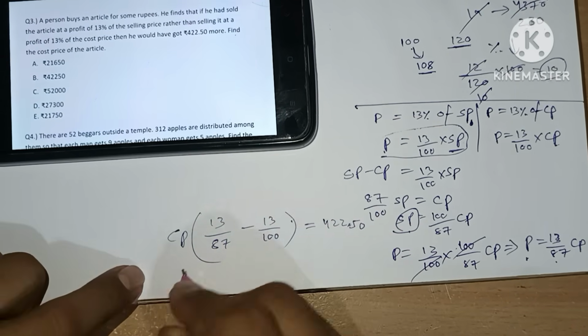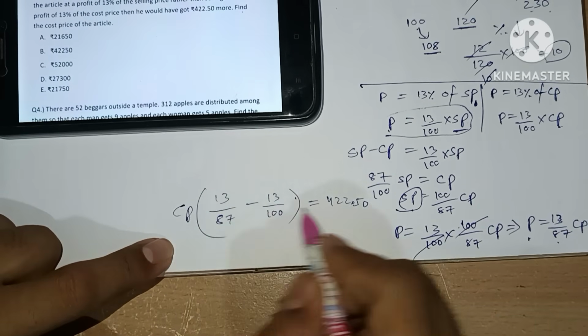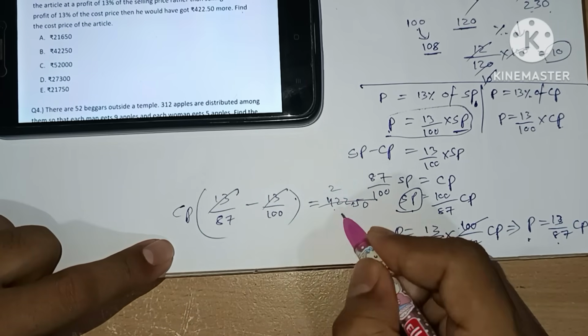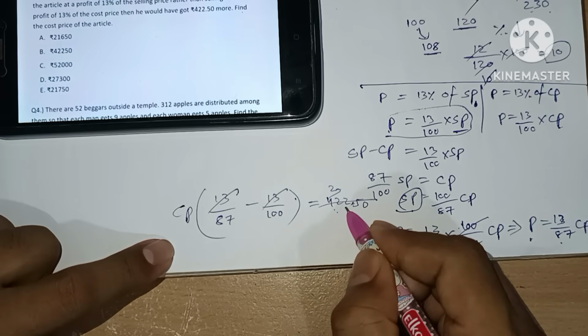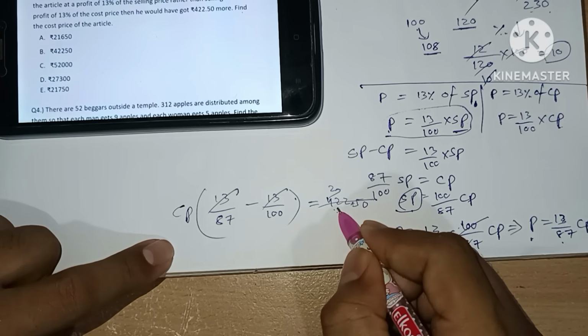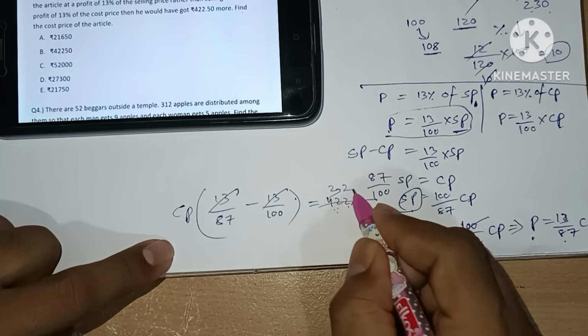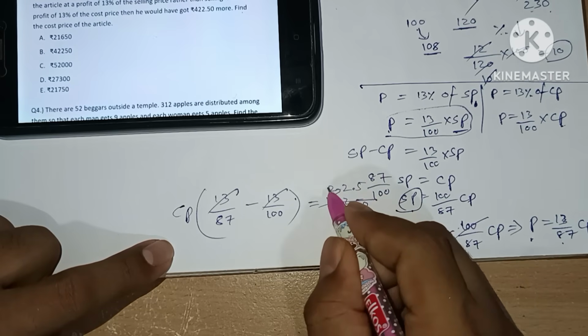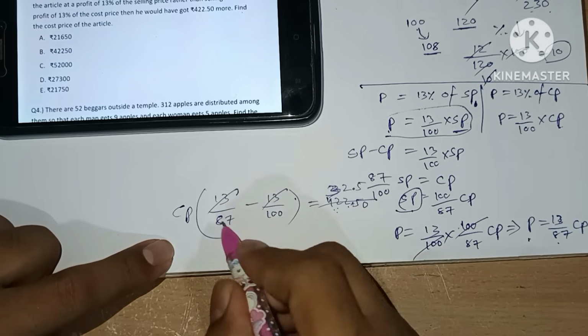Here 13 is common, so taking 13 common, we divide this one. 13 threes are 39, left with 3; 13 twos are 26, left with 65, which means 0.5. So we get 32.5 from this.